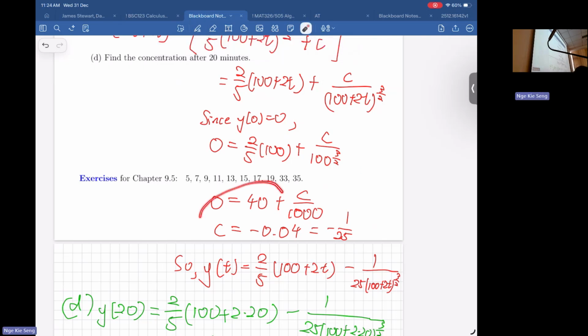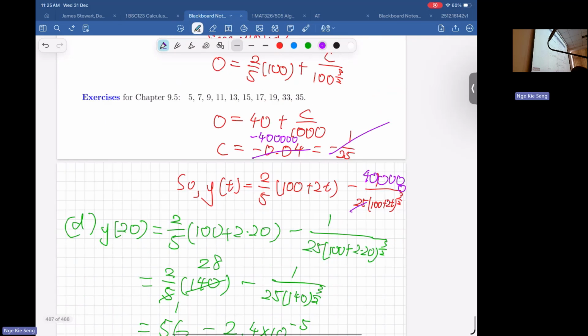In this part, I moved 40 to the other side, so I should multiply by 1000. So this one is wrong. Here you get minus 4t and then multiply by 1000. I think this is the correct unit here, so I should put 400,000.